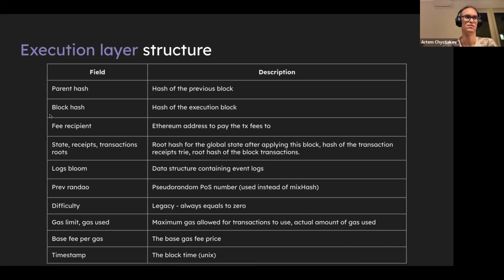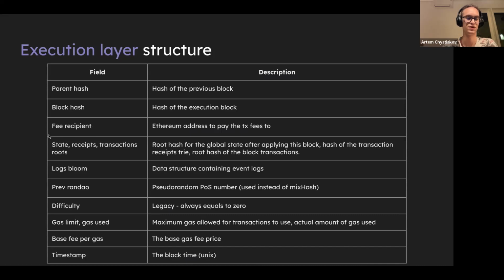You can, for example, validate that an account had X Ether on its balance, and with some manipulation of data structures, if your block hash is the same as this block hash, this means that you are correct. So having this hash pretty much lets you validate anything that has happened on Ethereum.